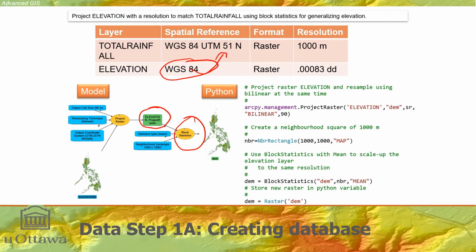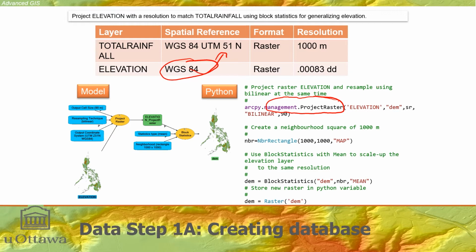So the mean would be assigned to each of the original 90 meter cells within the 1,000 by 1,000 meter cell block. This is the process here in the model builder, which we'll do, of course, and Python has the same thing. We can have a data management tool, project raster, not the regular project. Project is used for vector.